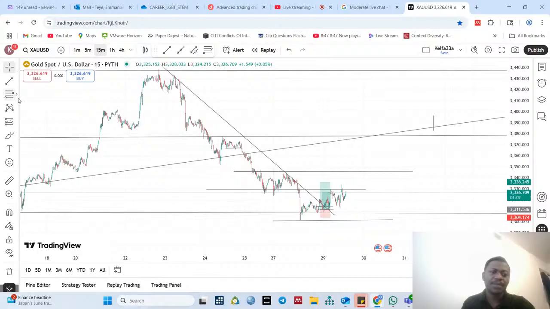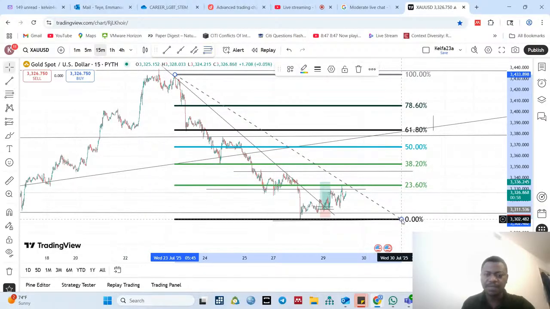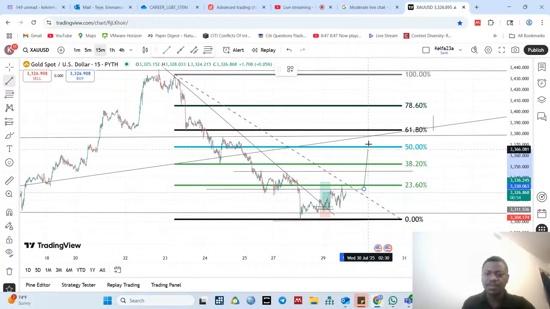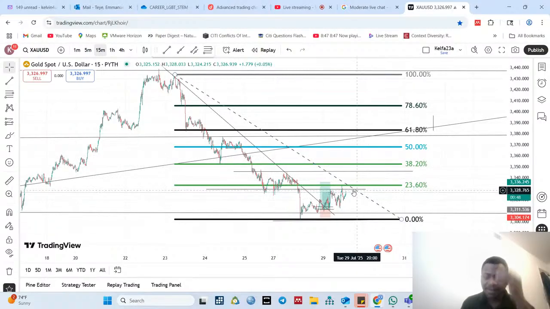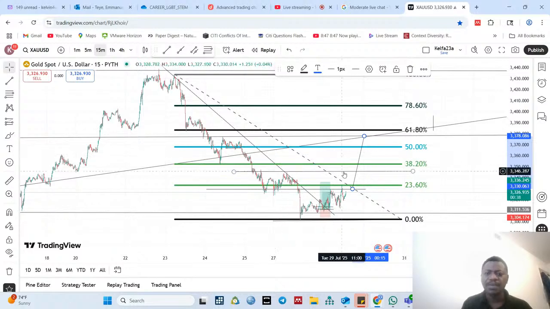So I expect gold to pull back at least to equilibrium, 50%, into this zone, 50% or 61.8%, or under 38%. If gold is able to close above the 23% zone here, then it's likely to get to 38 or probably 50 and then continue to drop.